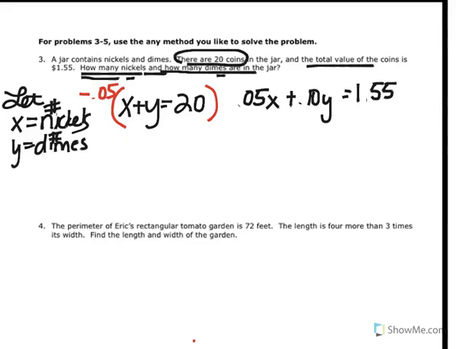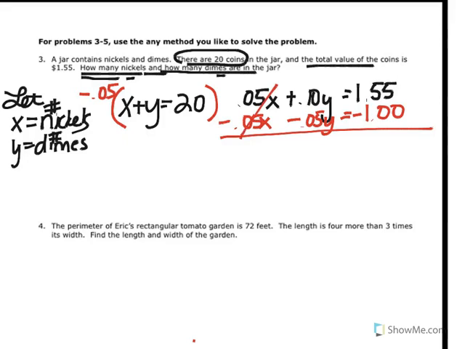And when I do that, I get negative 0.05x minus 0.05y equals minus 1, which would be $1 right here. Now my x's cancel out. 0.10 minus 0.05 is 0.05y, and $1.55 minus $1 is 55 cents.